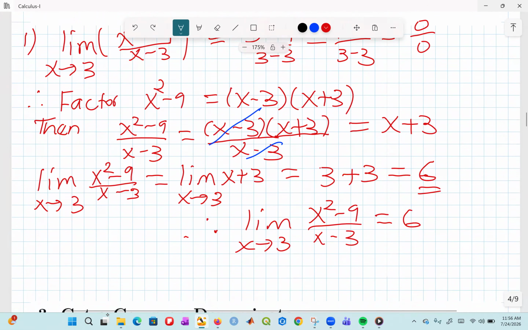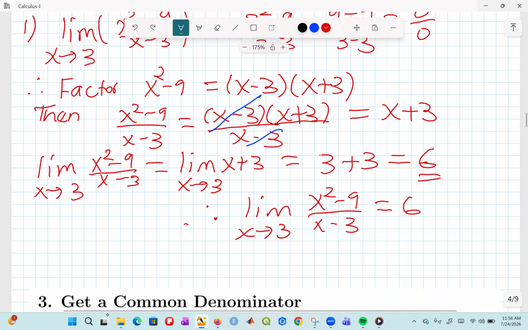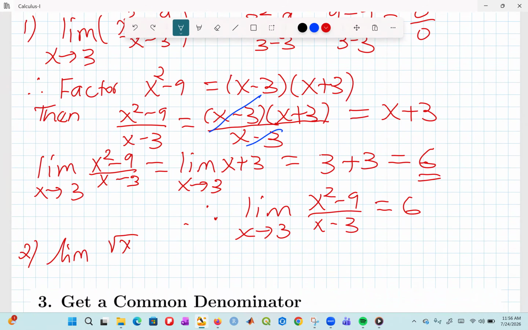Now, let me give you an exercise. Find the limit of 25 minus x squared over x plus 5 as x approaches negative 5.